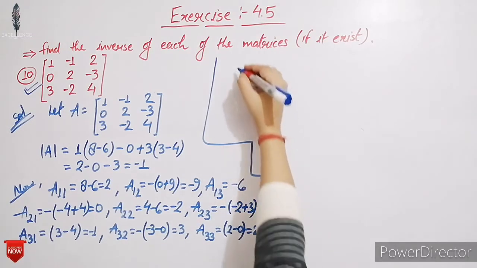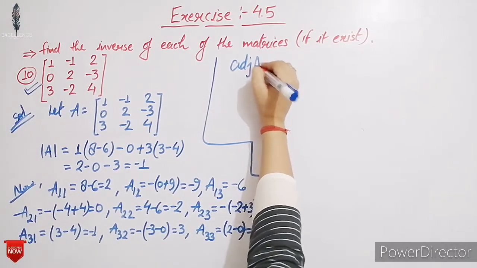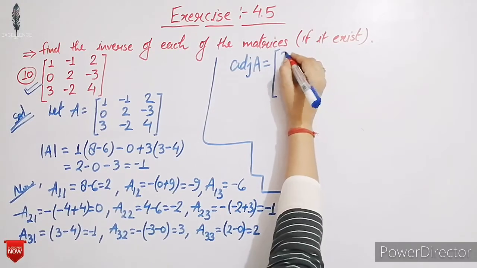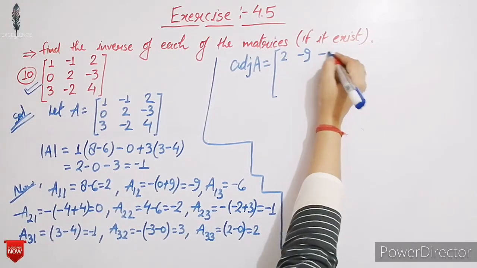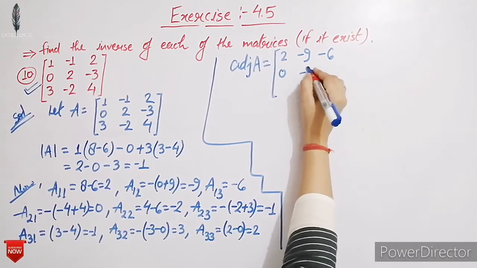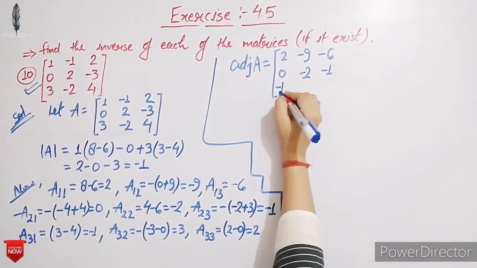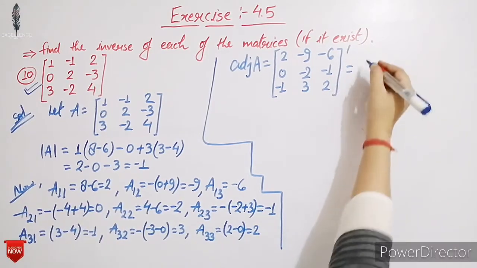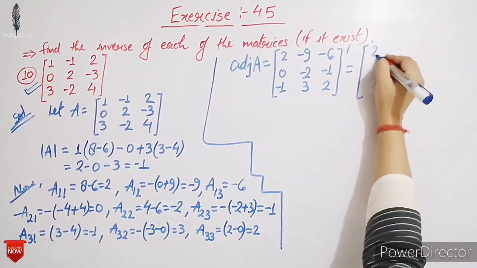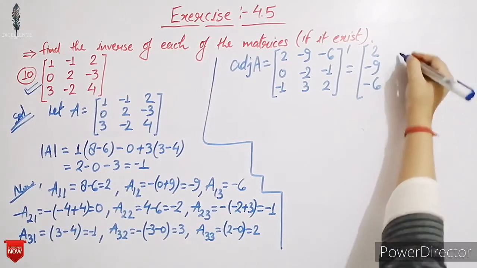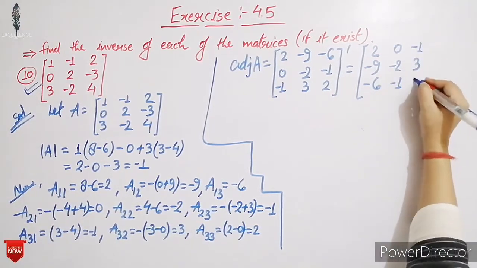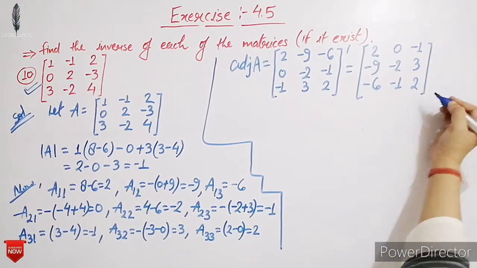So here the adjoint of A is equal to the transpose of its cofactor matrix, and the cofactor matrix is [2, -9, -6; 0, -2, -1; -1, 3, 2], and its transpose. So adjoint of A is equal to 2, -9, -6 as the first column, second is 0, -2, -1, and third column is -1, 3 and 2.